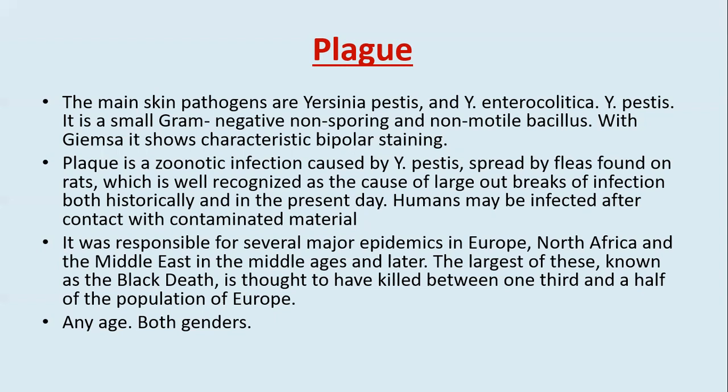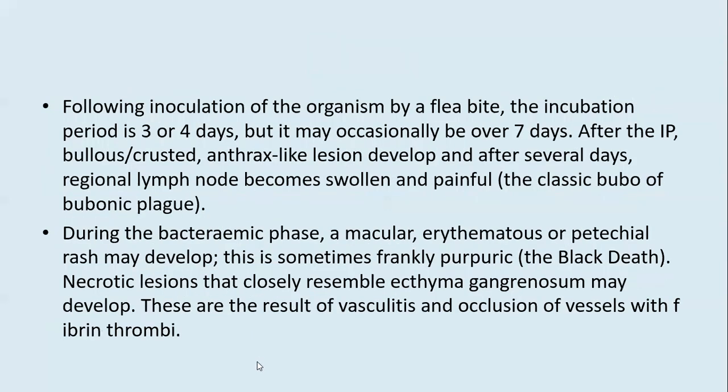Plague was responsible for several major epidemics in Europe, Northern America, and the Middle East in the Middle Ages and later. The largest of these is known as the Black Death, which is thought to have killed between 1/3 and 1/2 of the population of Europe, all ages and both genders.